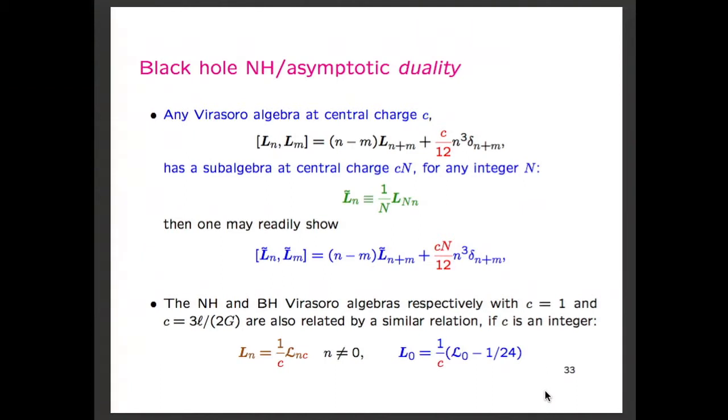So here I basically showed you two different Virasoro algebras, one at central charge 1, the one constructed through these W fields or curly J's, and the other constructed from these straight J's at Brown-Henneaux central charge. And they could be related by the same mapping in this way.